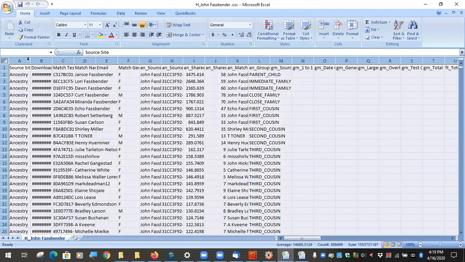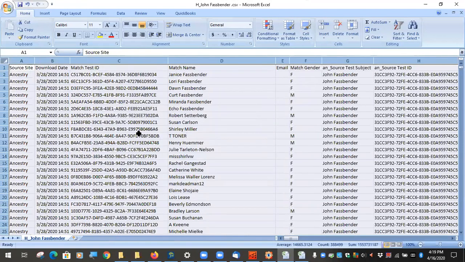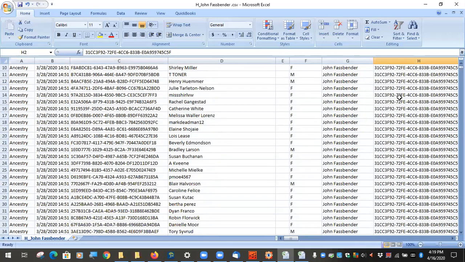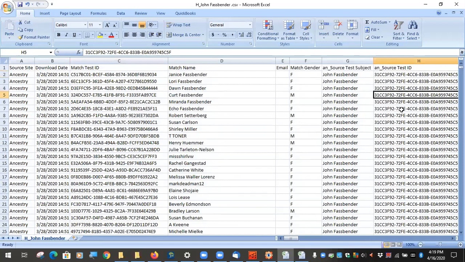Let me expand everything. This is my match file. The source test kit, this is how Ancestry knows me, this 31CC and so on. So on my tree, this is the number I've got on my DNA markers fact.